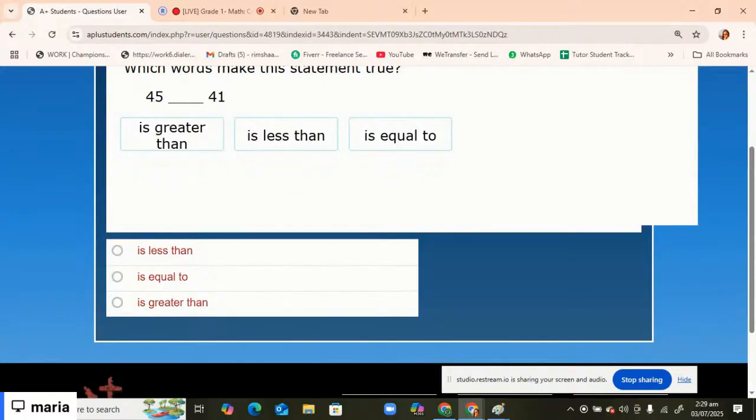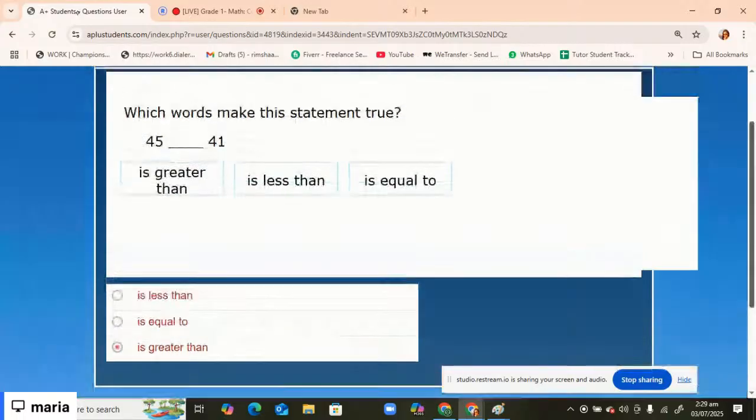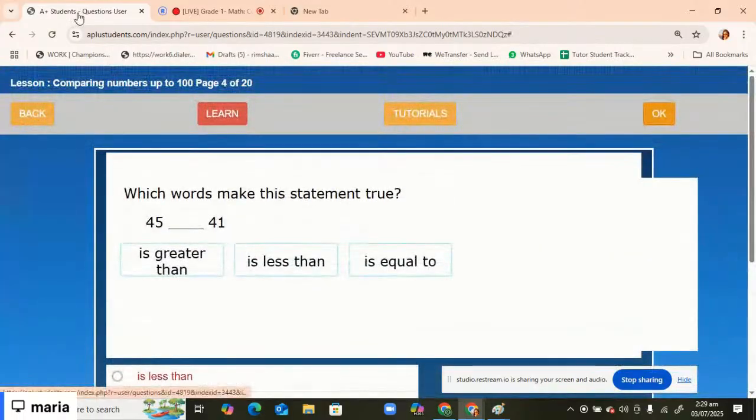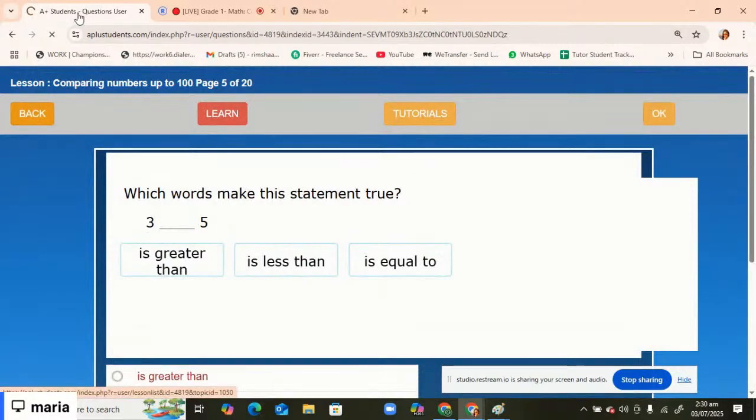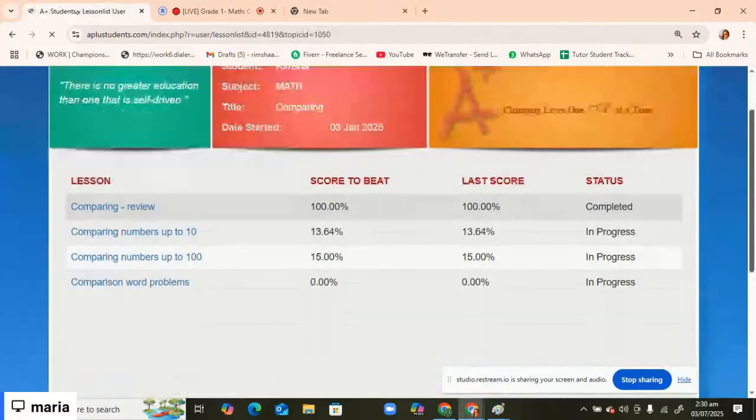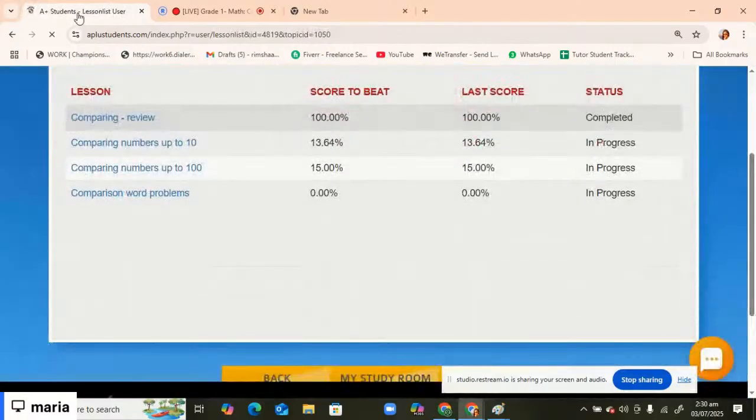So, 45 is greater than 41. All right. Hope you guys understand this lesson. Okay. So, solve the rest of the test questions regarding this lesson by yourself.